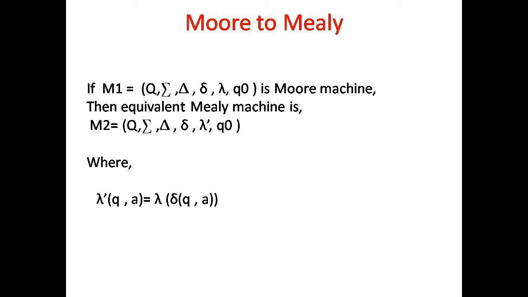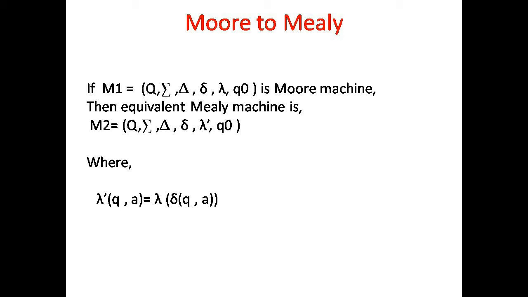Now, if M1 is a Moore machine with the tuples Q, sigma, output alphabet delta, del, lambda and Q0, then its equivalent Mealy machine is M2 equal to Q, sigma, output alphabet delta, del, lambda dash and Q0.